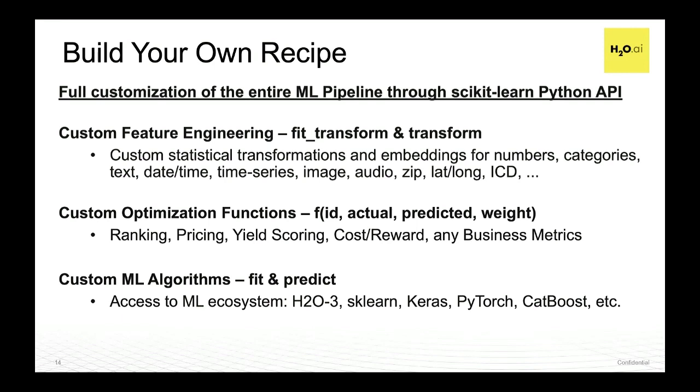We can do PyTorch, Keras, we can do Intel's DAAL, basically any model that you've been using outside of Driverless AI, we can now write and put in Driverless AI. So the fit function will fit that model, and often this might just be calling some outside machine learning model, and then the predict actually makes predictions.